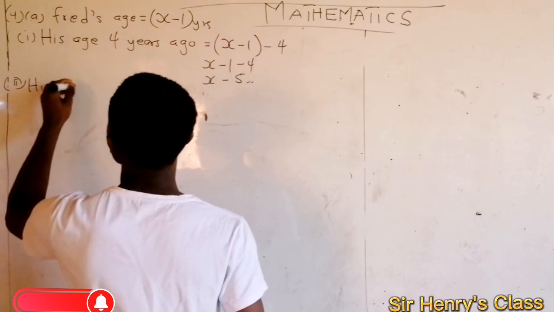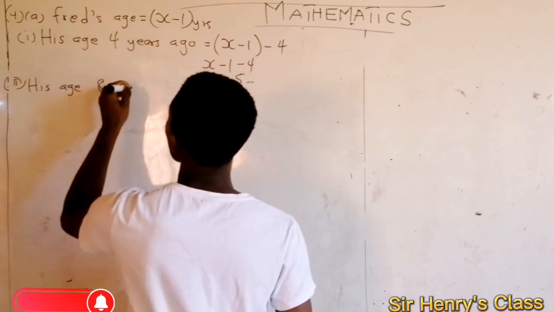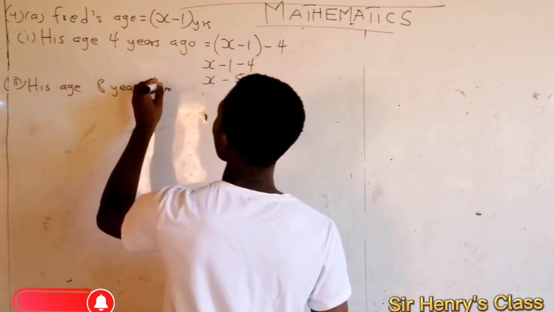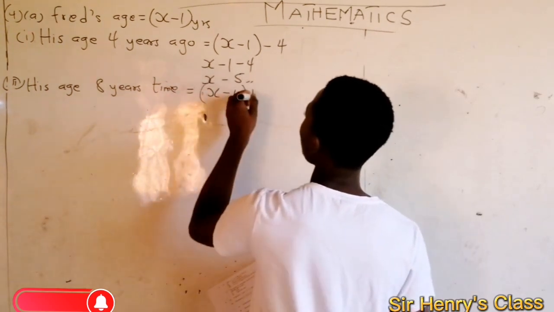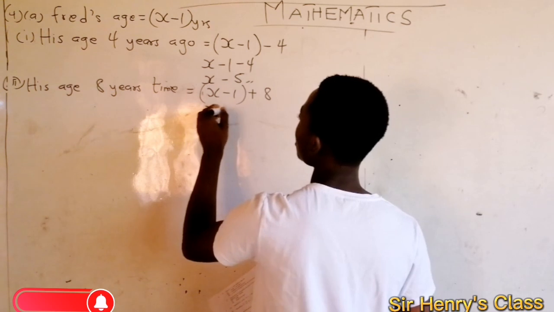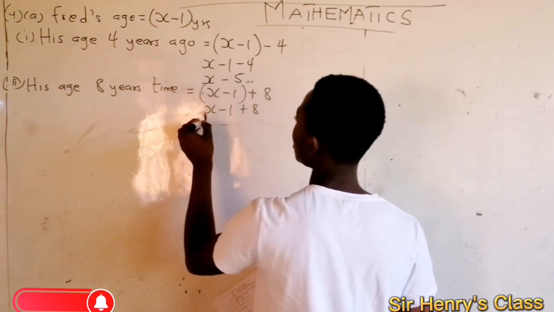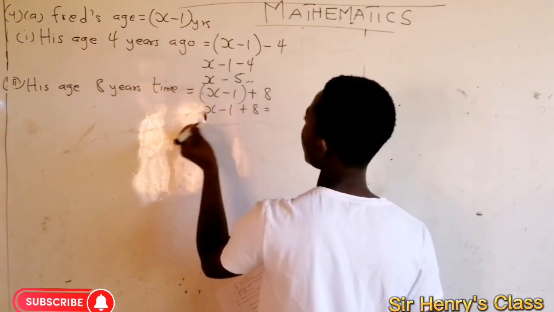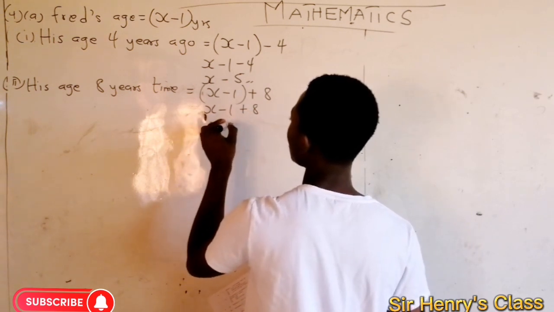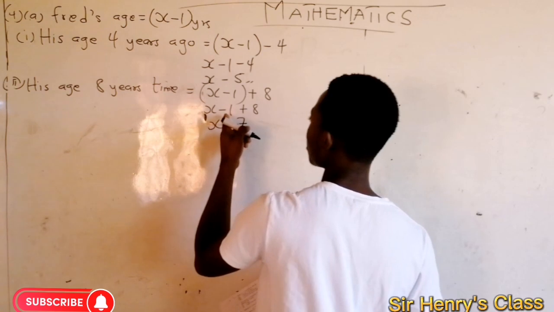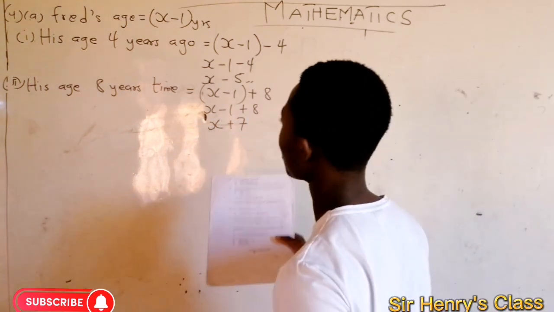His age plus 8 years. That is x minus 1 plus 8. And that will be x plus 7. So you owe 1, you pay 8, you have 7.